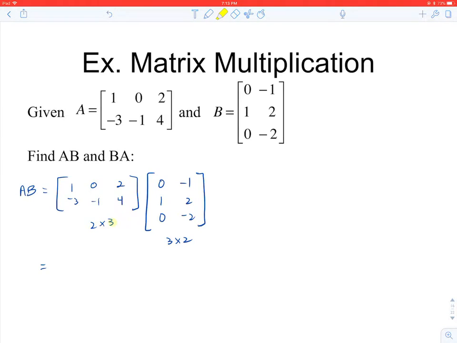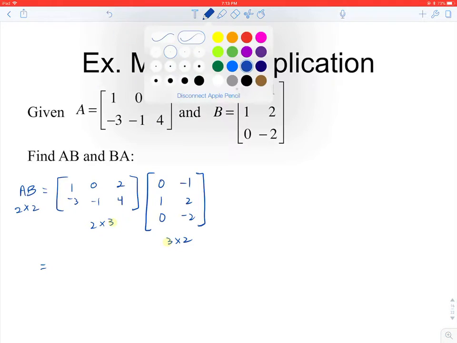Because the number of columns here matches the number of rows here, the matrix AB will end up being a 2 by 2.